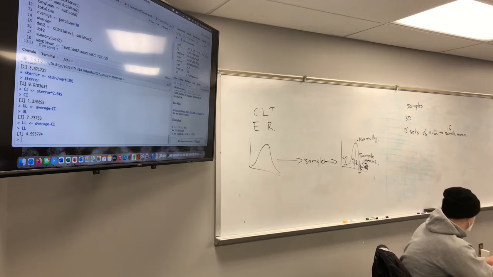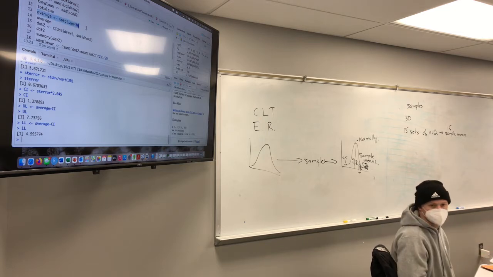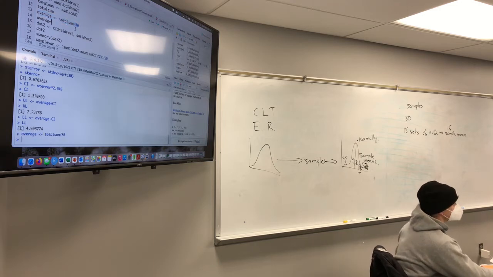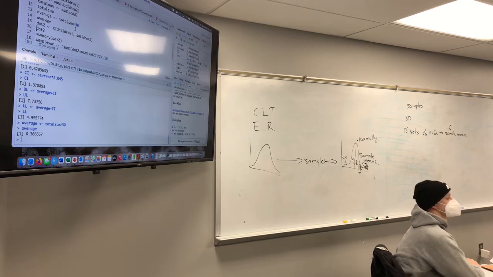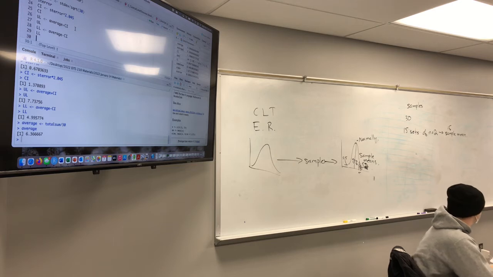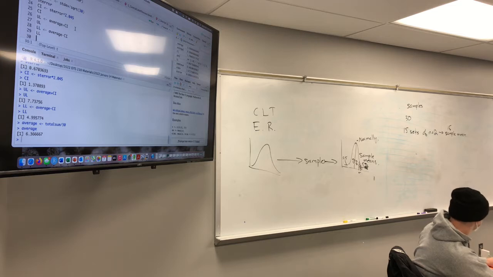That's the difference between yours and mine, probably. Go up to around line 13, you'll see something that says total sum divided by 30. That is the average. And then that should work for you. 4.995.